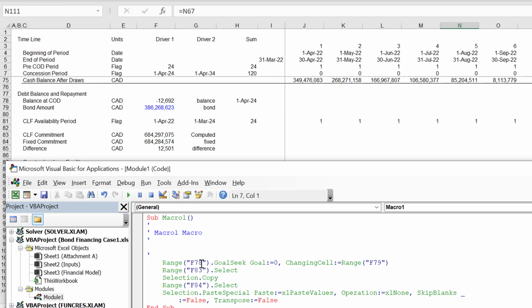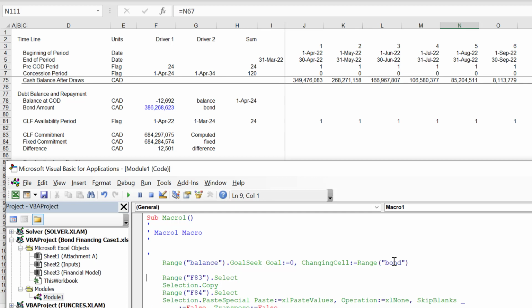We say, okay, we'll call this set this balance to 0 by changing the bond. And then once we've done that, it says copy and paste special this fixed thing.